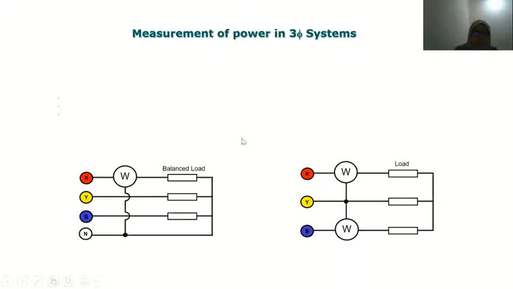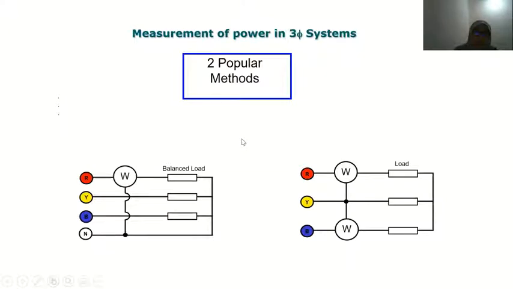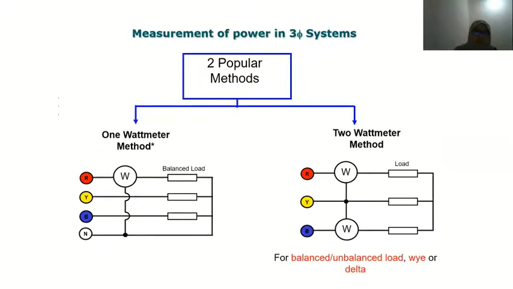So practically, in order to measure power in a three-phase system, we always use two popular methods: the one wattmeter method and the 2 wattmeter method.